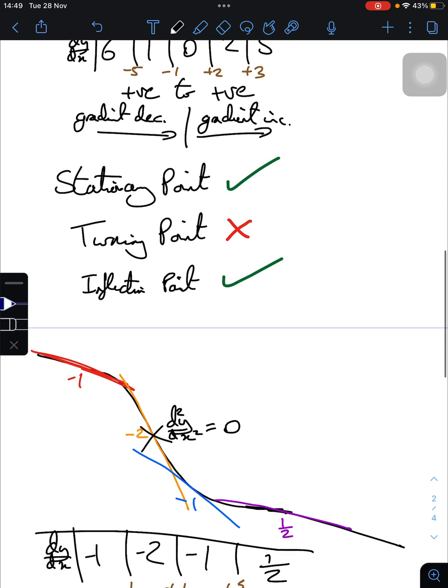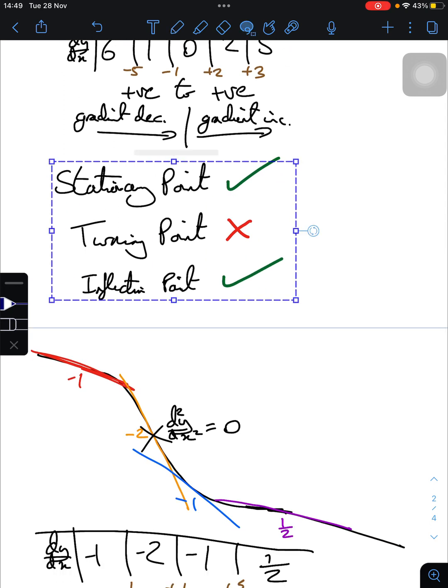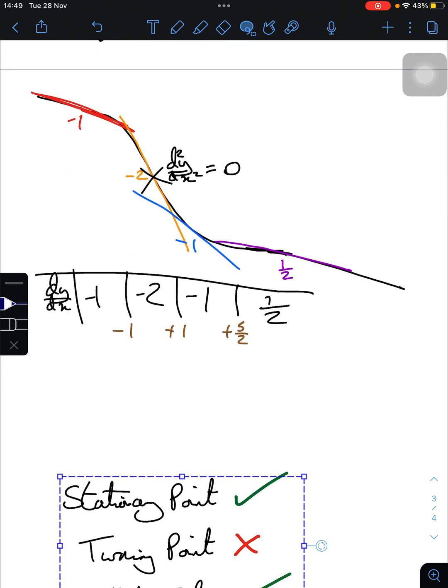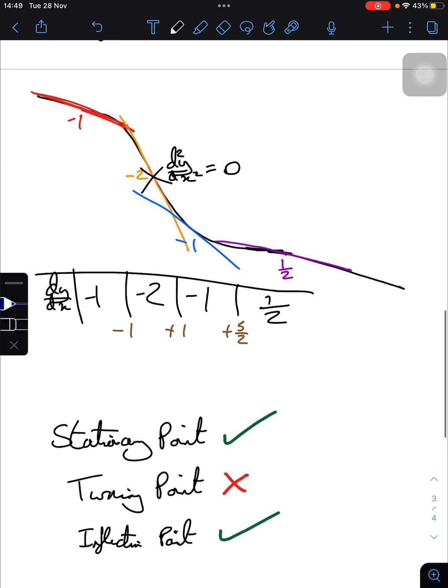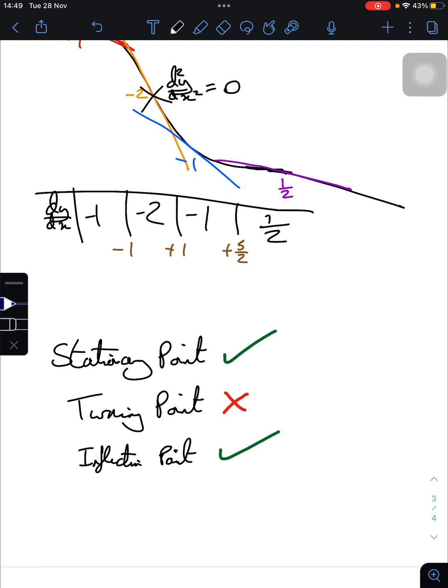And so therefore, if we think about these three again, stationary point, turning point, inflection point, oh sorry, it's -1/2. -1/2. Sorry, and so this here would be +1/2. And it's not quite going to reach 0. We're going to ignore that for now.